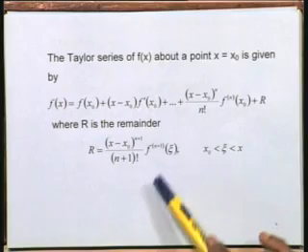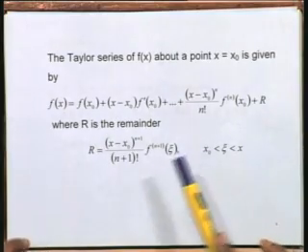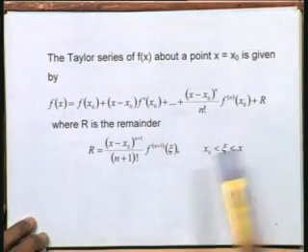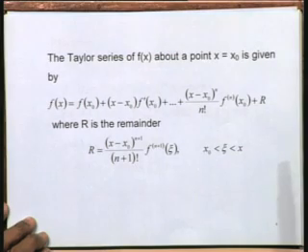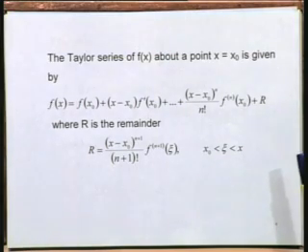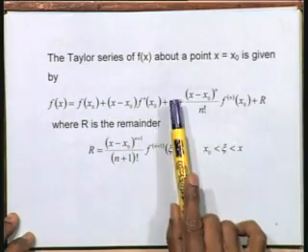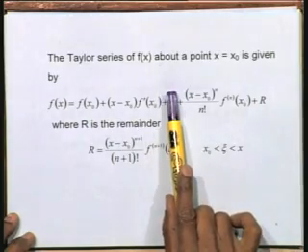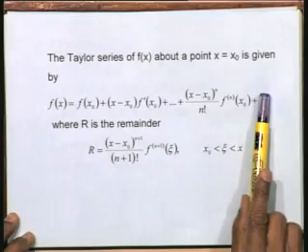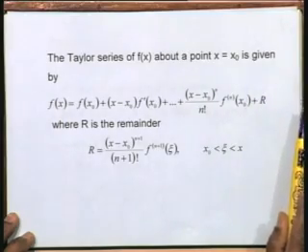There are various other forms of the remainder, but we shall use this particular remainder in our analysis later on. Now, what we were stating earlier is, if I take this Taylor series and truncate it up to certain terms, then whatever I am leaving out will be the truncation error in that particular problem.